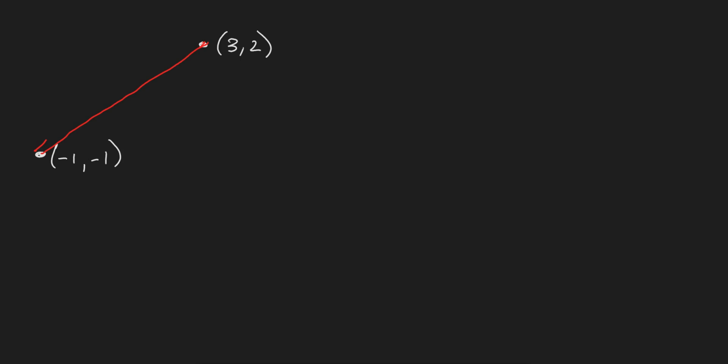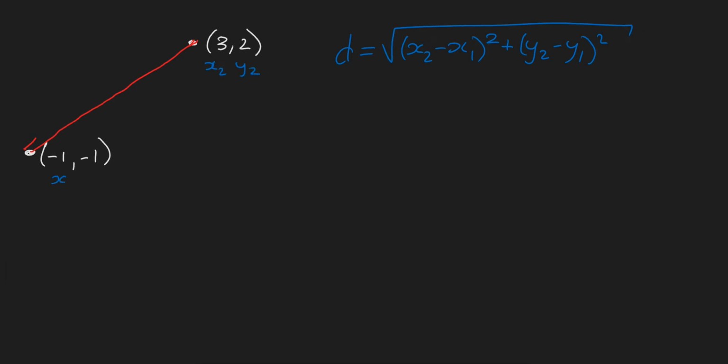So let's write our equation out again. d equals the square root of x2 minus x1 squared plus y2 minus y1 squared. And we're going to substitute in our x2's, x1's and y2's, y1's. So over here I'll make this x2, y2 and this x1, y1.